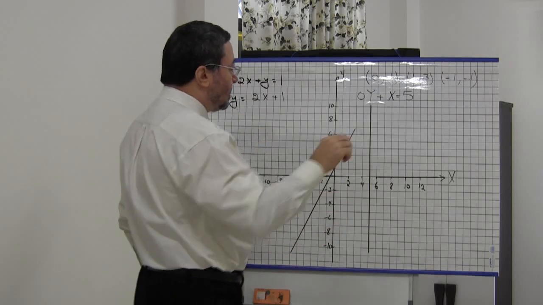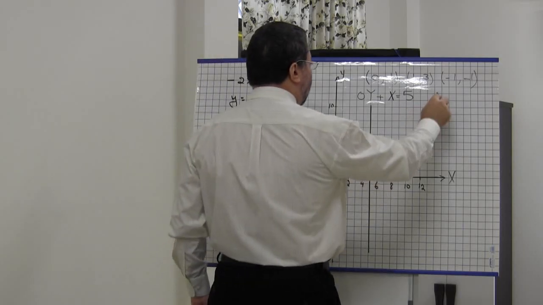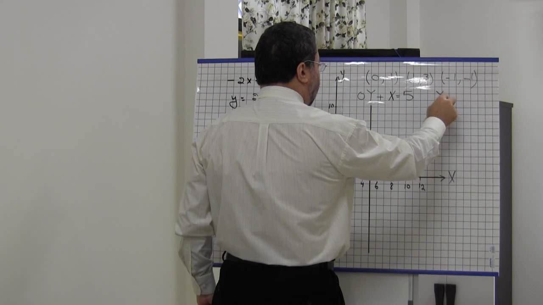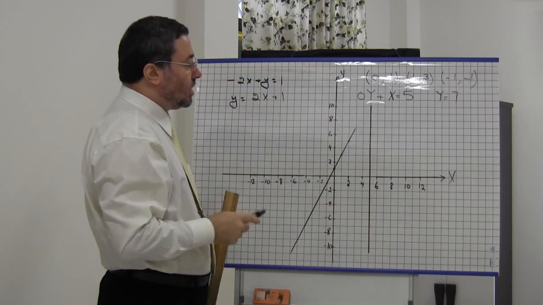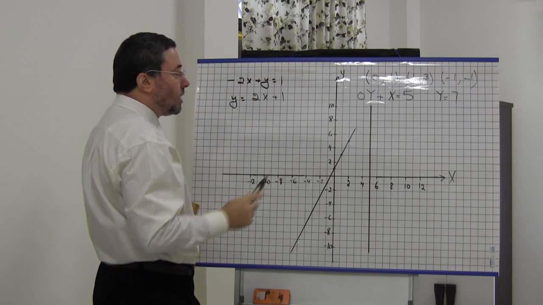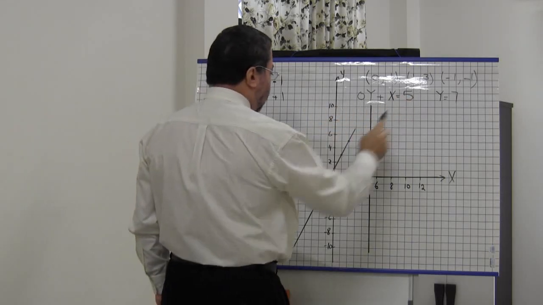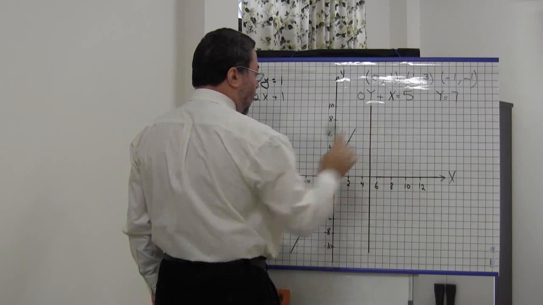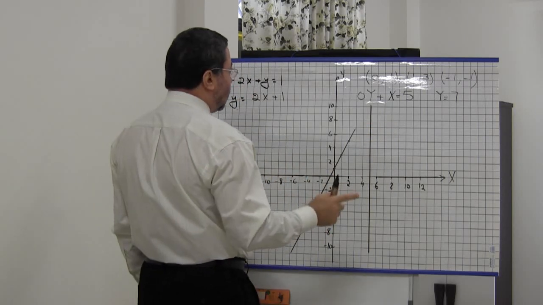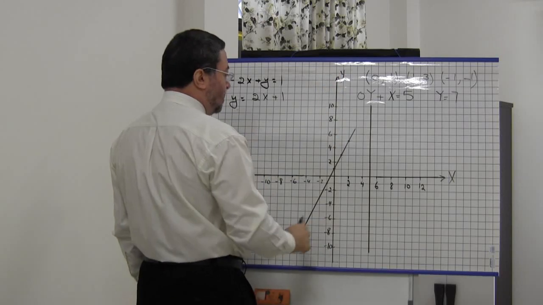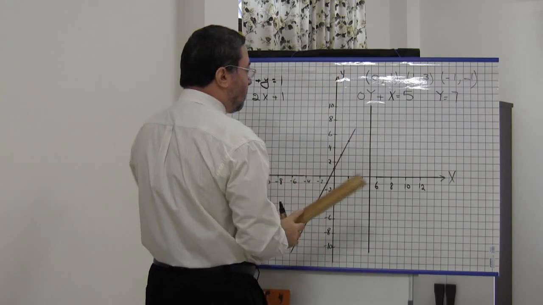Now if we have the other situation where we have y equals 7, this is a function in this case. The graph of this is going to be a horizontal line, and it's not a vertical line. Many students think that because the y-axis is vertical, this should be vertical.